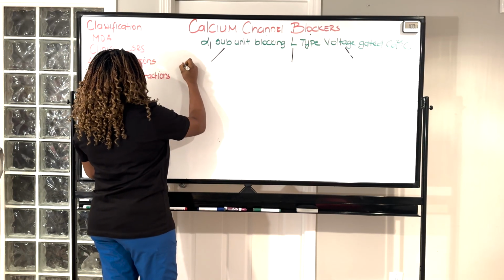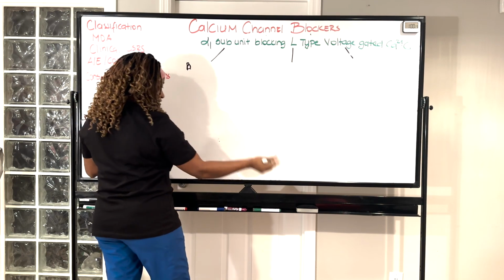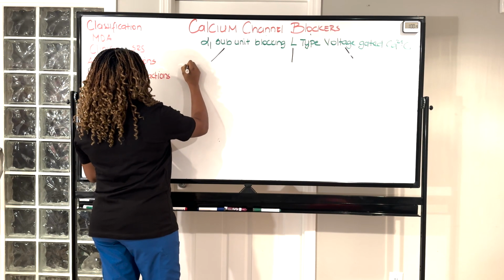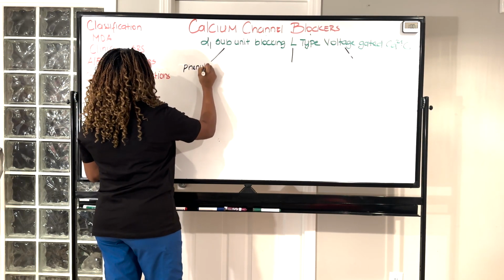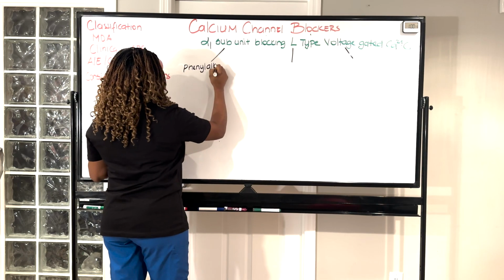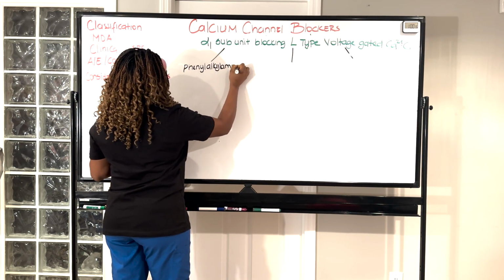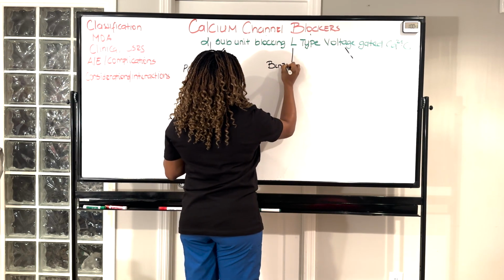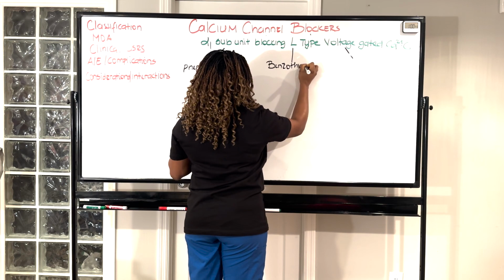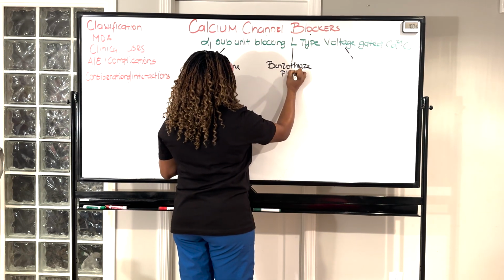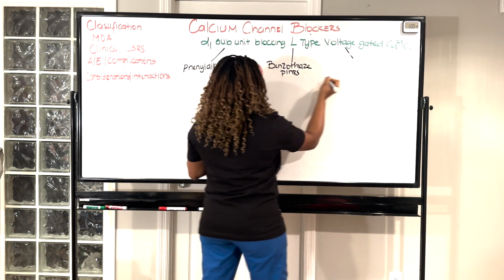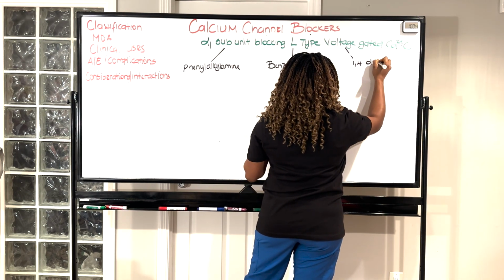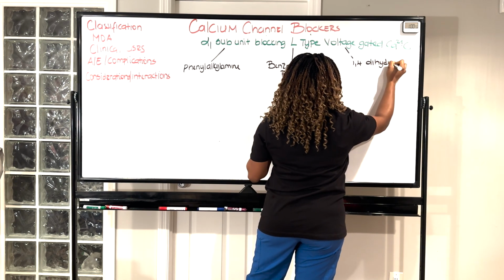Here we have the phenylalkylamine class, here we have the benzothiazepine class, and here we have the 1,4-dihydropyridine class.